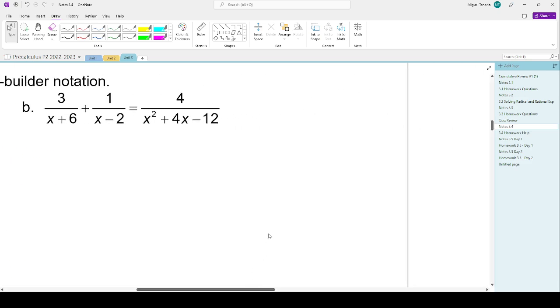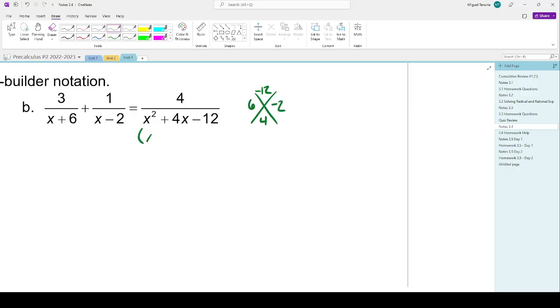So on letter B, you'll notice again that we have a denominator with several things going on. It's always good advice to factor to make sure you see, hey, what are my terms? So, of course, using your x factor or whatever method you choose, you should see that I should have 6 and negative 2.